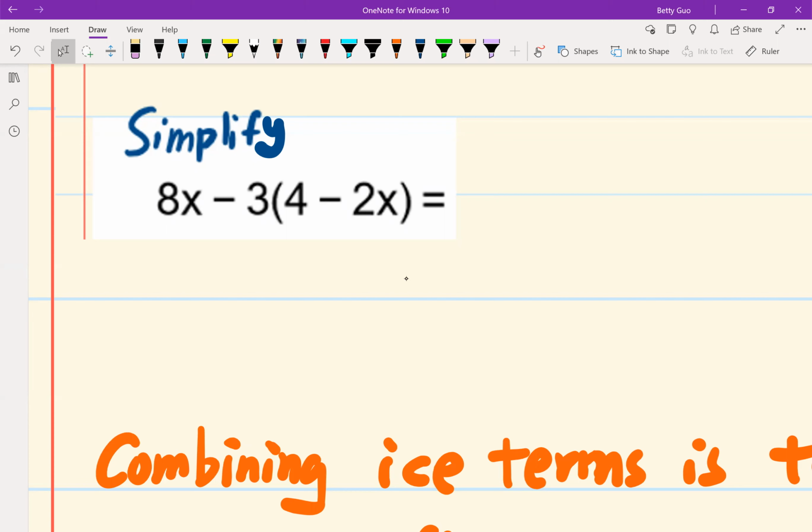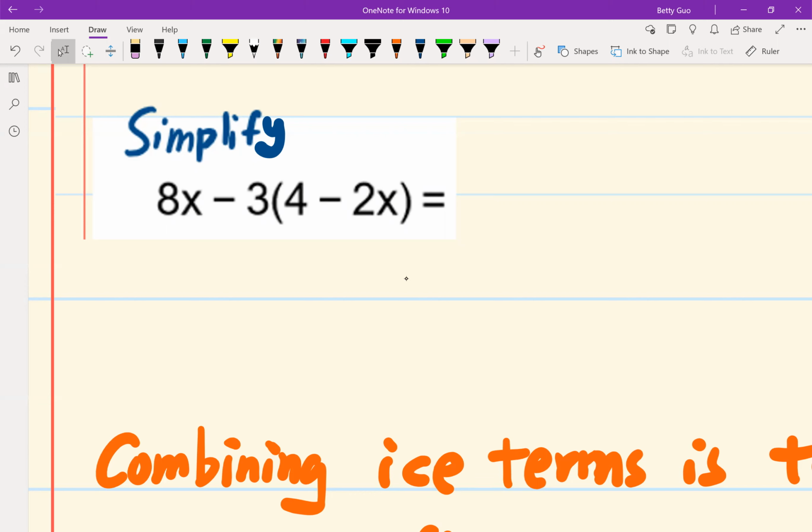Negative times negative is positive, right? Positive 6x. That's correct. Very good. Perfect. Awesome.